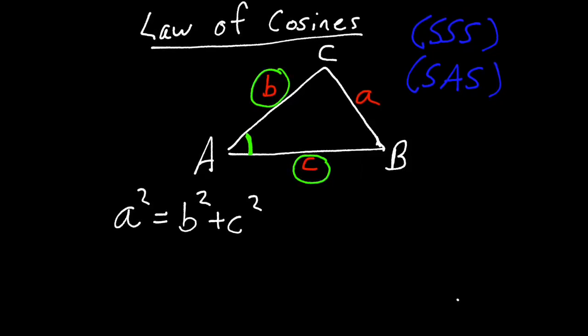We get a squared equals b squared plus c squared minus 2 times b times c. So we take these two lengths, b and c, we multiply them together, and we multiply them by 2. We double them. And then for the final part, times the cosine of the angle that we have. So cosine of A. This is your law of cosines.